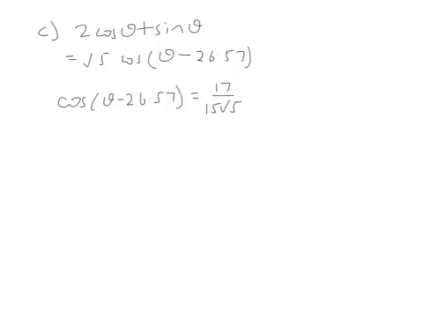So it's the same equation as before, so theta minus 26.57 equals the angle we had before, which was 59.55. So theta is 59.55 plus 26.57 works out to be 86.1 to 1 decimal place.